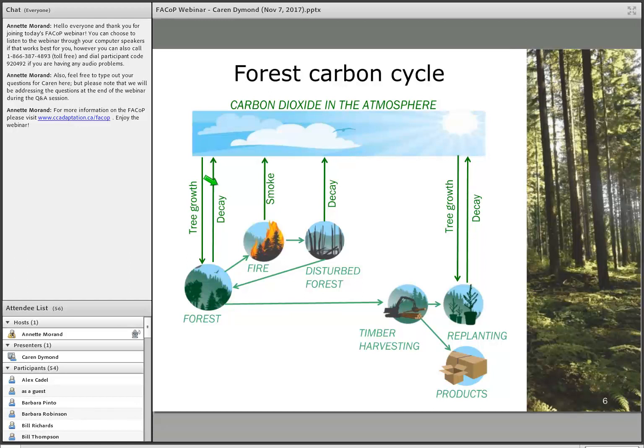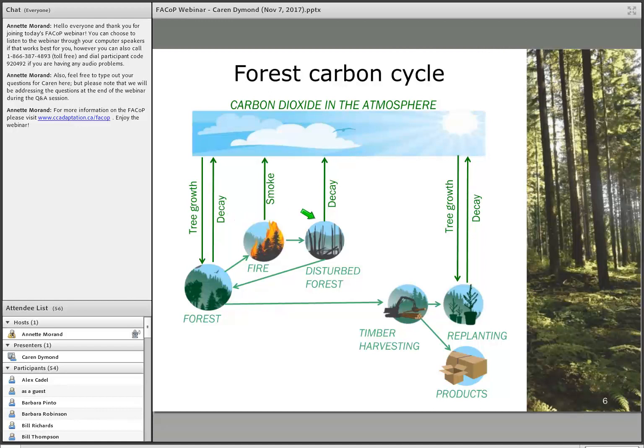But also in the forest, there is decay happening. As leaves fall, branches fall, and trees die, they rot, and some of that carbon is emitted to the atmosphere. But again, there's a large carbon pool in the coarse woody debris and in the soil that can be a large pool or a small pool depending on various disturbance factors.